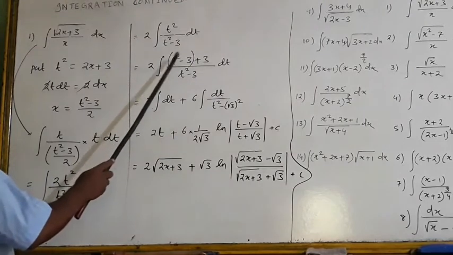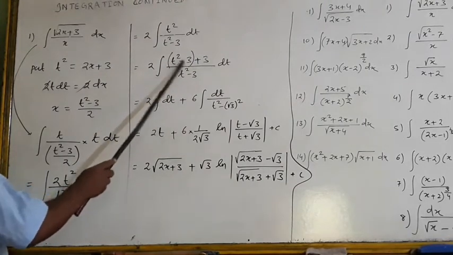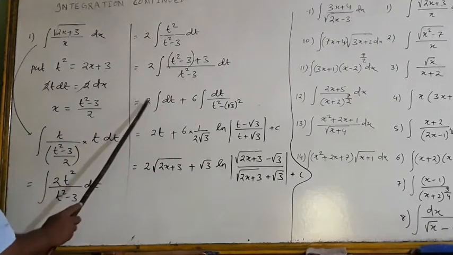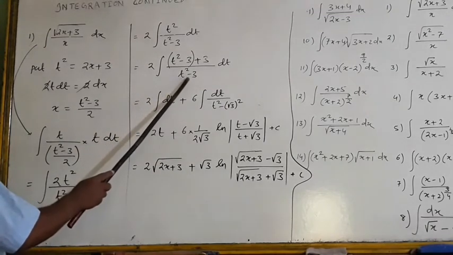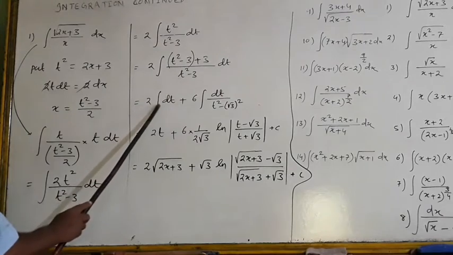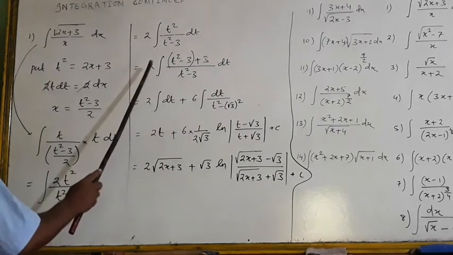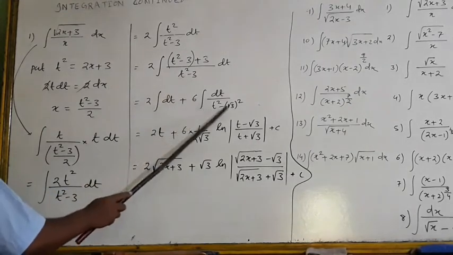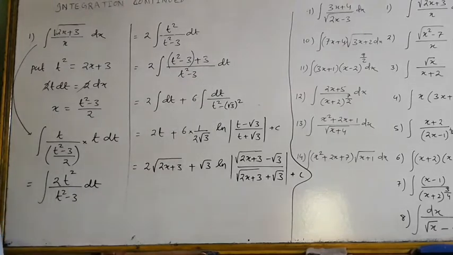It is t square minus 3 plus 3, so that they cancel. So 2 times (t square minus 3) by (t square minus 3), that is 1 dt, only dt, plus 2 into 3, that is 6 dt by t square minus 3. In place of 3 I am writing root 3 whole square.